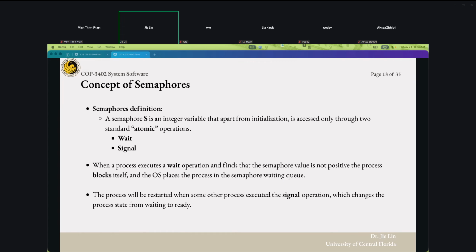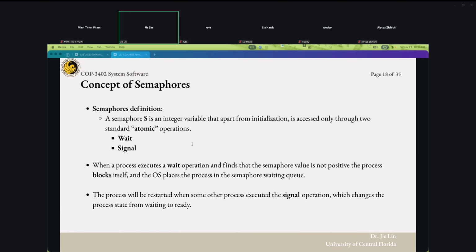When a process attempts the wait operation, it simply checks the semaphore value. Simply look at the light. If it's positive, it means it's green, and it proceeds and reduces that value by 1. If the semaphore value is 0 or negative, indicating the resource is already in use, the process blocks itself.